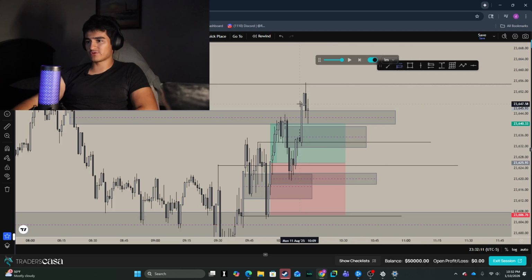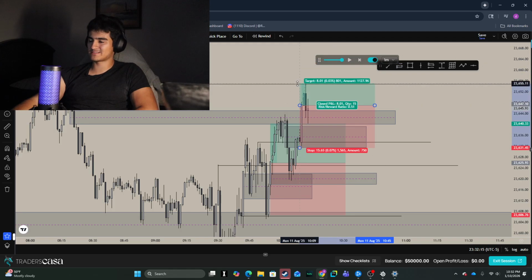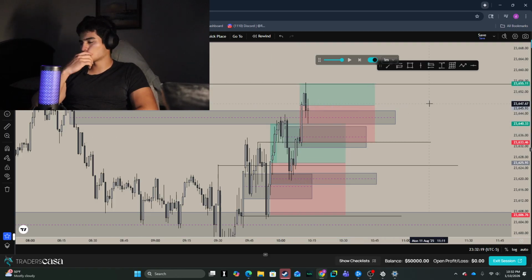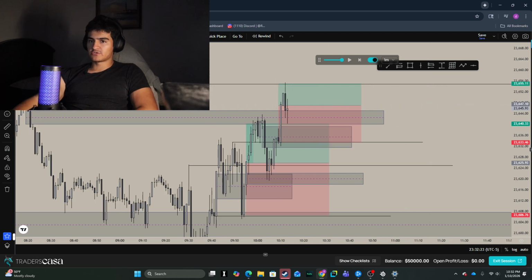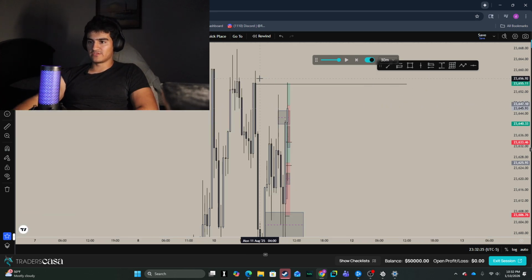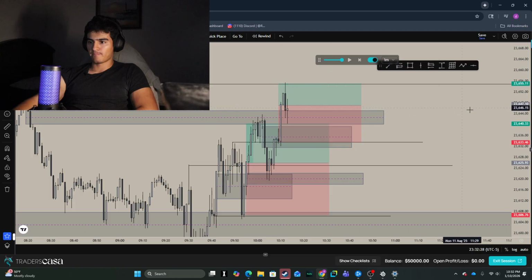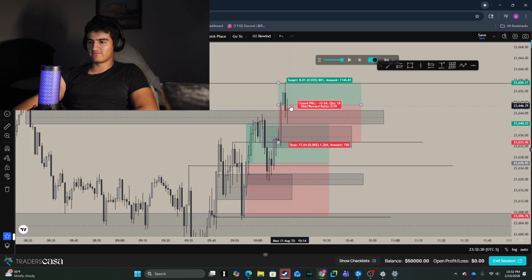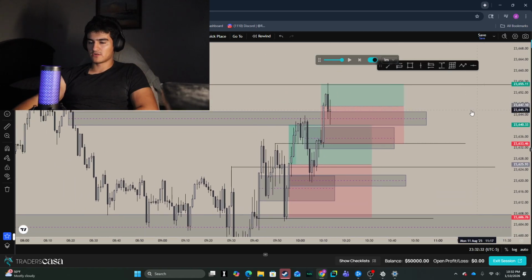If you took this trade here, it would have been a really tight TP, and your stop should have been right there, just because you're trying to aim for this high right there, and you're not trying to inverse this whole gap here.